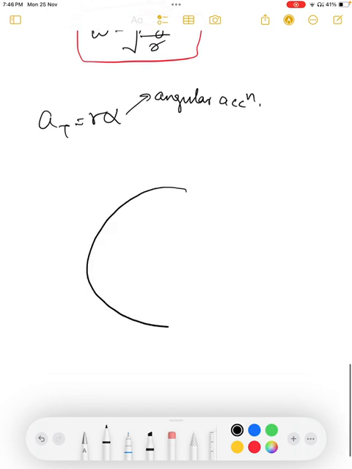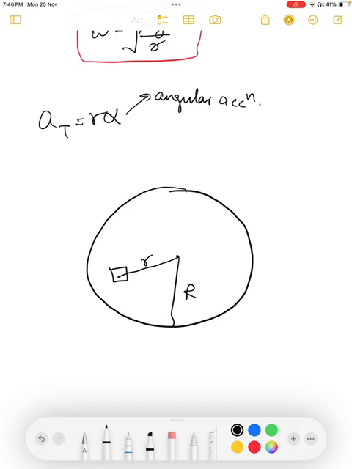Again, if we draw the diagram, here we have centripetal force, that is the frictional force in this direction, and we have the tangential acceleration in this direction. Now, this tangential force is provided by the disk to the block.